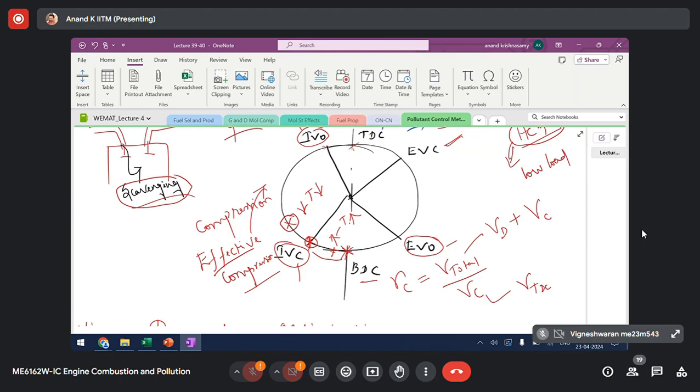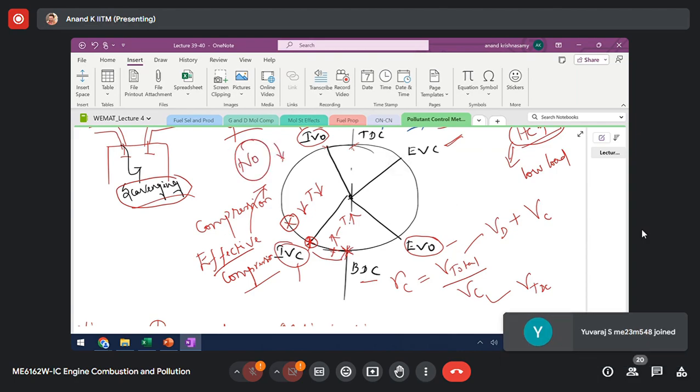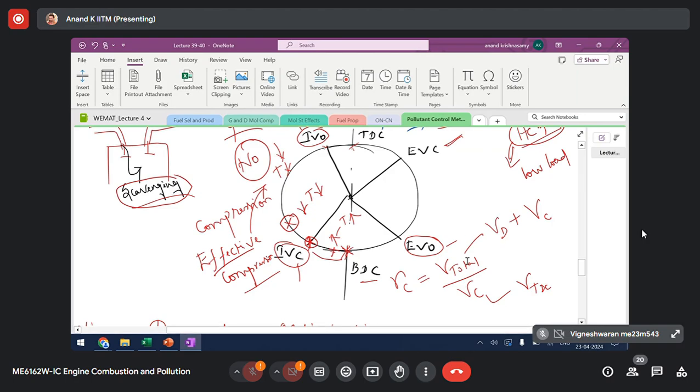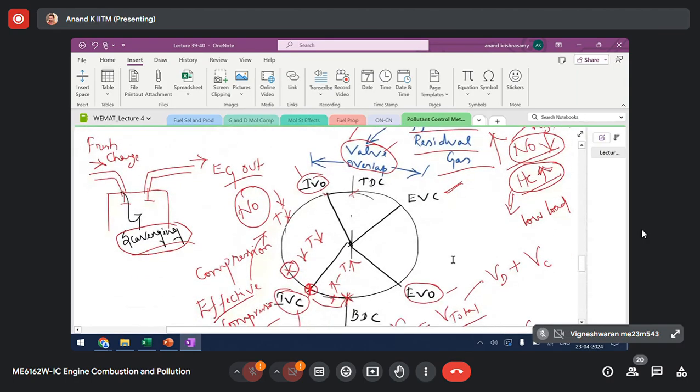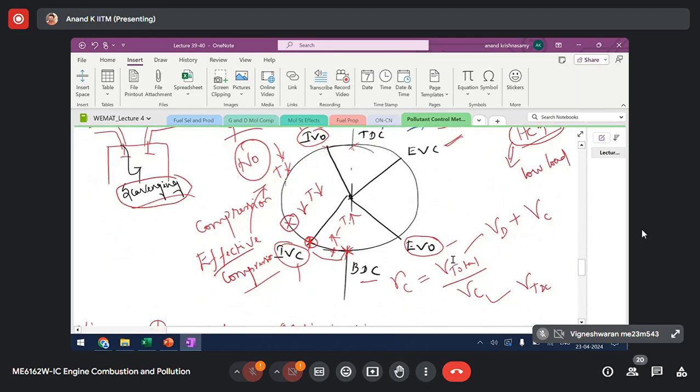So this is one of the methods that you can use to control NO. Suppose NO levels are high, to reduce NO, you can reduce the effective compression ratio so that the temperature is less. Sir, to repeat whatever you told, essentially if IVC is more advanced from BDC, my effective compression ratio reduces and temperature reduces.